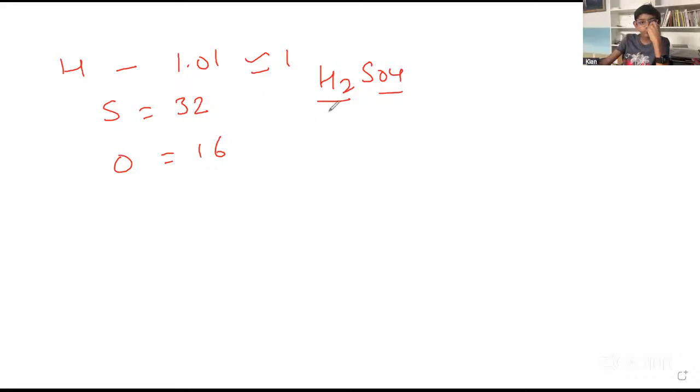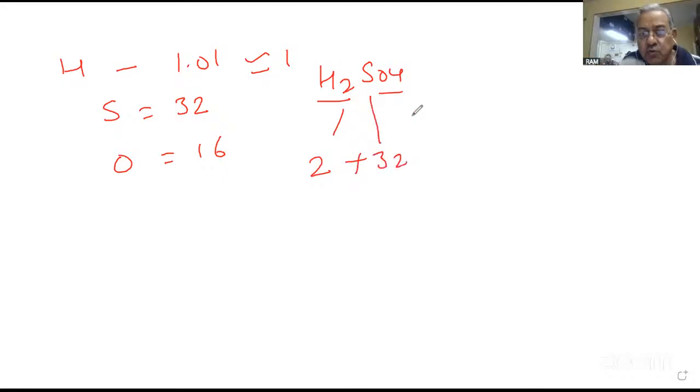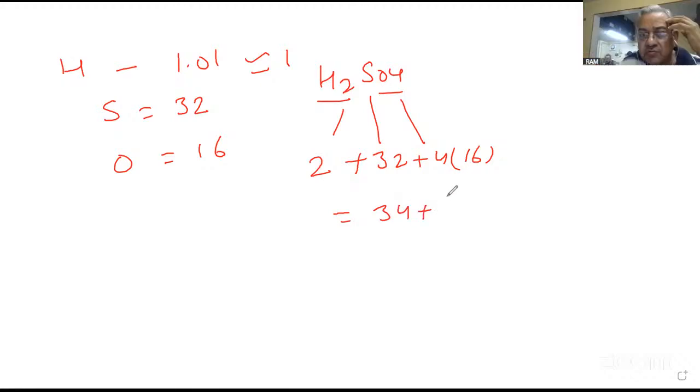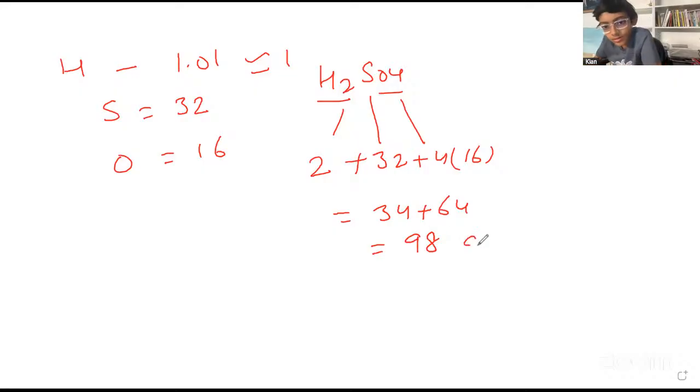So it will be 2 plus S is 32 plus O4 means 4 into 16, right? 32 plus 64, equals 98 AMU, because we have taken the rough number.